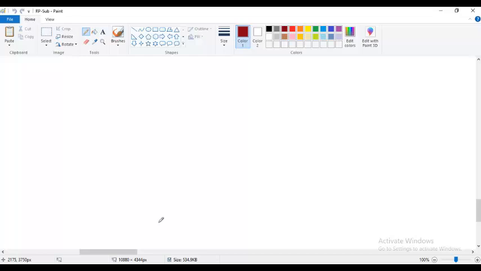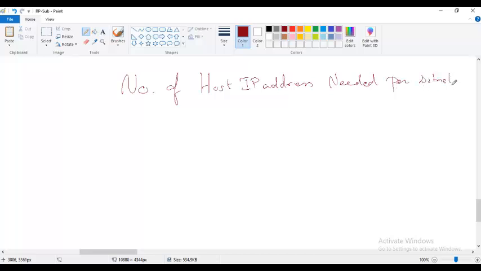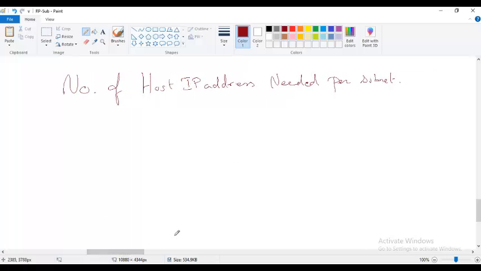Number of host IP addresses needed per subnet. That's our next subnetting.